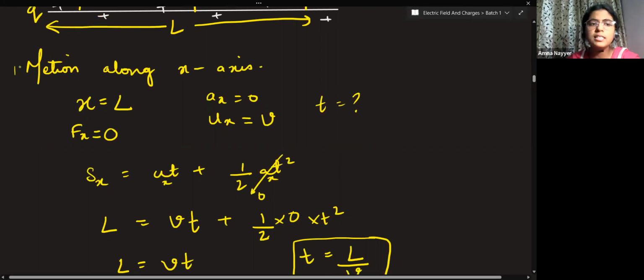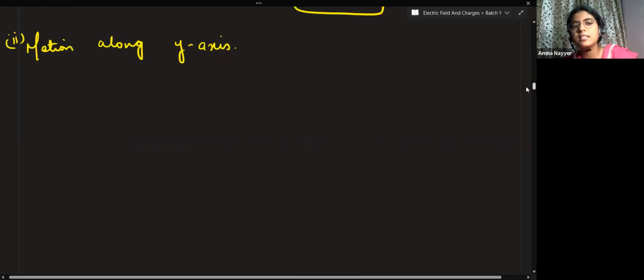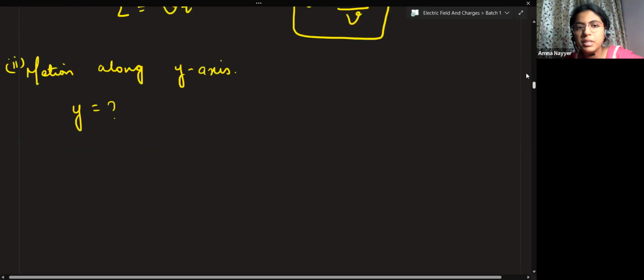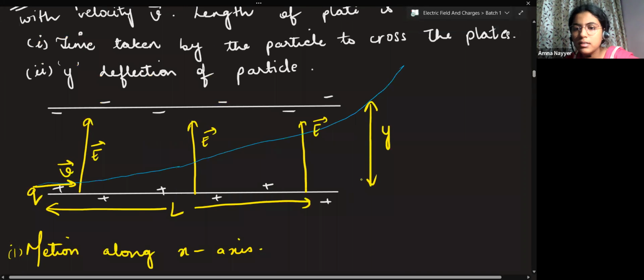Time period can easily be calculated through the x-axis, with all the data that is available. For the y-axis, because deflection has occurred in the y-axis, that's why we are using motion along the y-axis. So y, we have to calculate. We don't know this distance. We are actually finding out this distance. So let it be y.